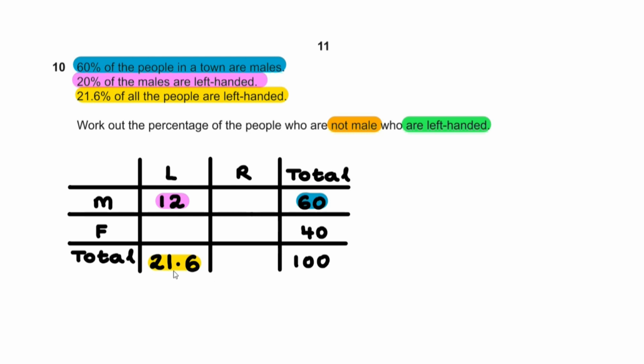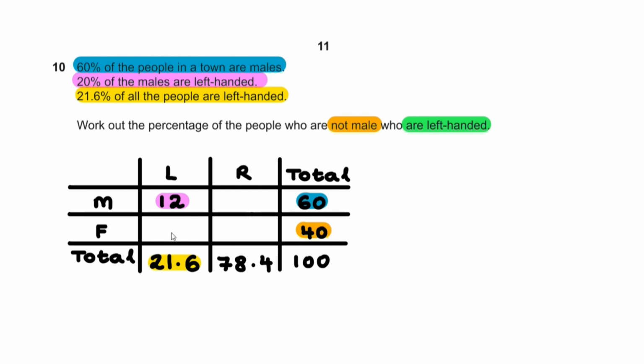The total number of right-handed: 100 take away 21.6, that's 78.4. And then what we can see from here is not male, that's going to be 40, and then not male left-handed, that's going to be this category here.